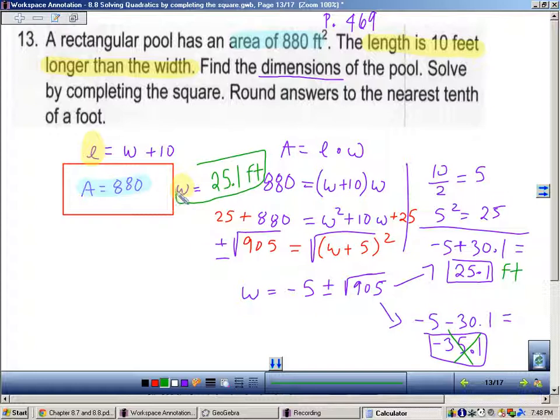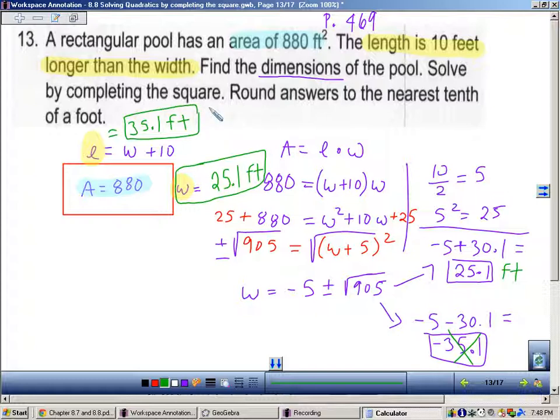And we could see here that the length would be, when you add 10 to the width, that would be your answer.